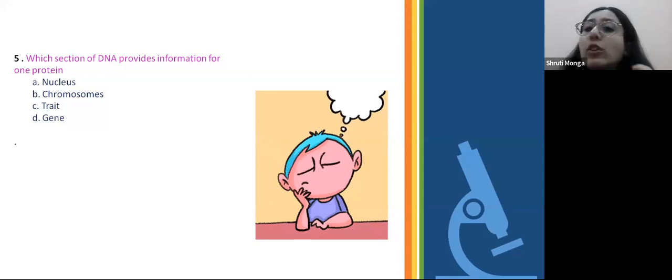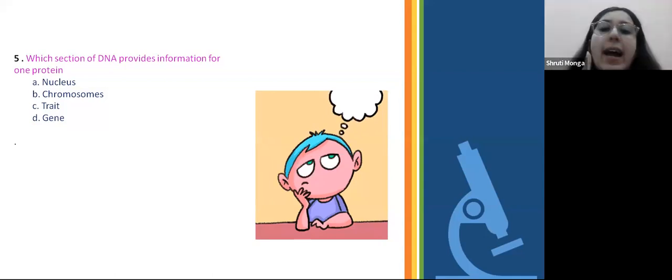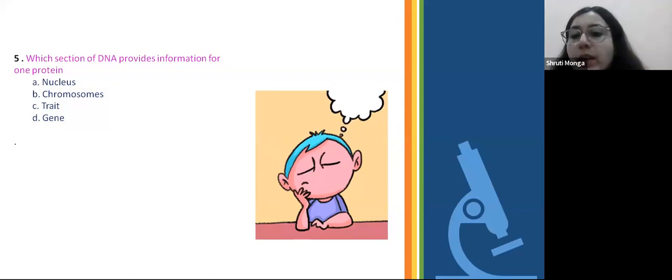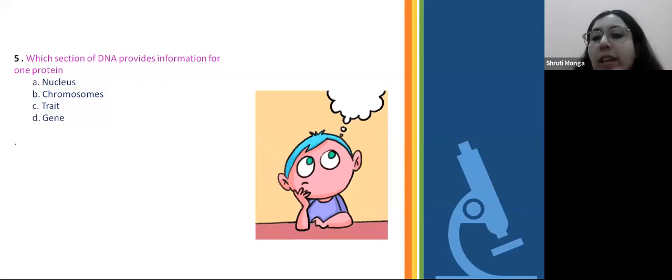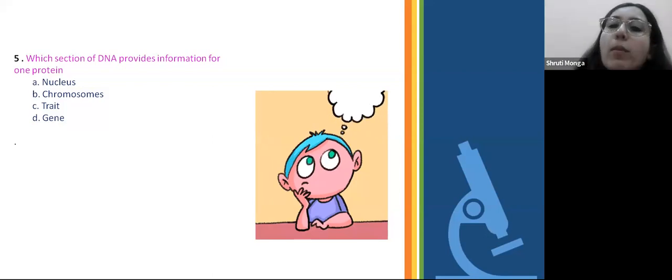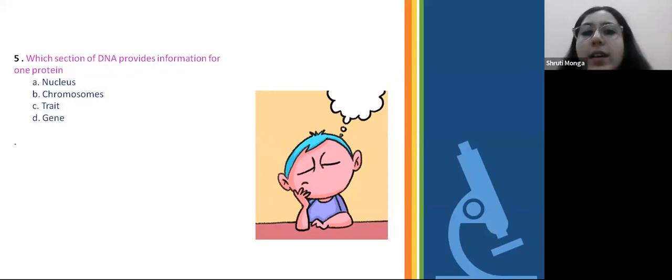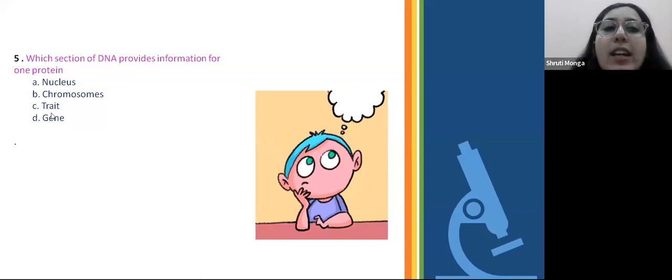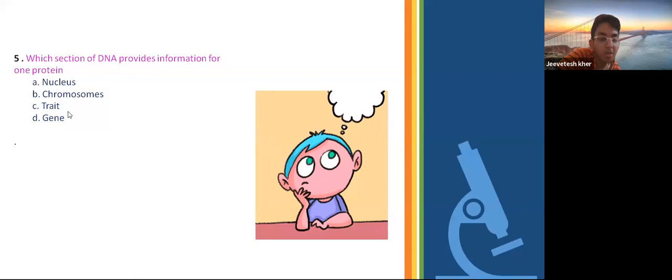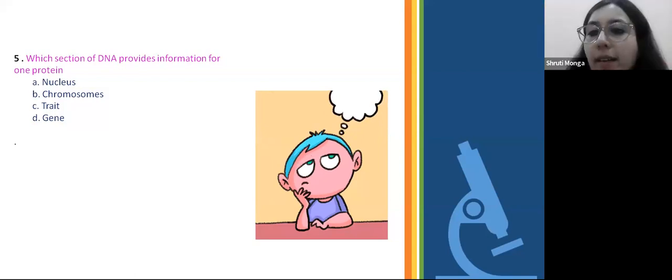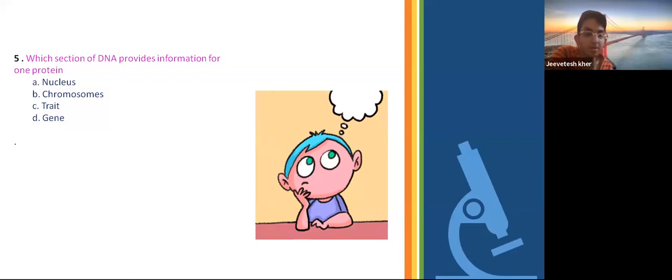That could be enzymes, that could be hormones, that could be anything. So which section of DNA is providing that information? Gene. Be specific, appropriate. So this is the correct answer.